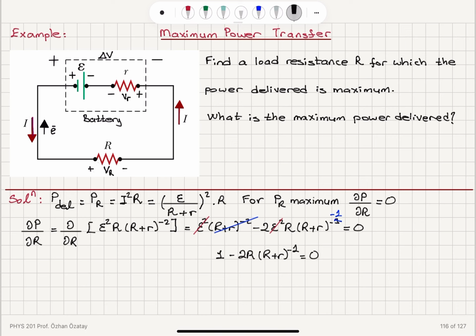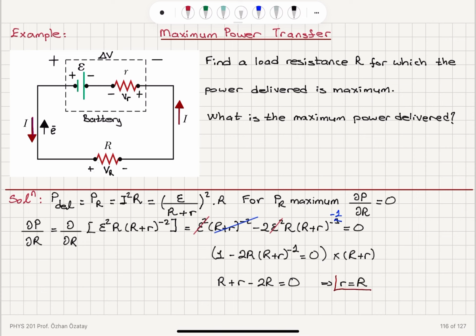Now I'm going to multiply this equation by (R plus r), so that I will have R plus r minus 2R equals 0, which will give me r is equal to capital R.